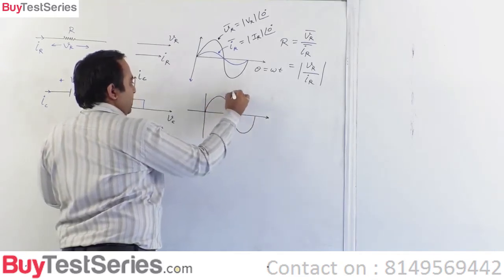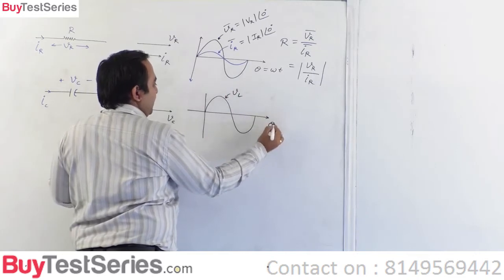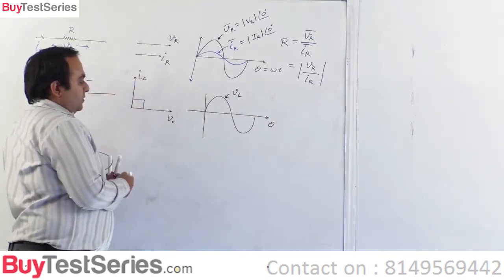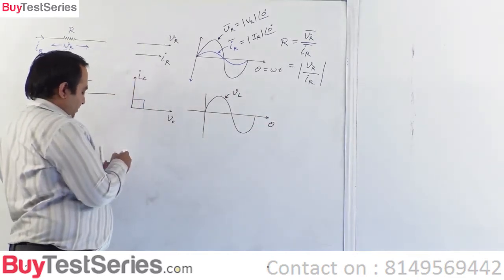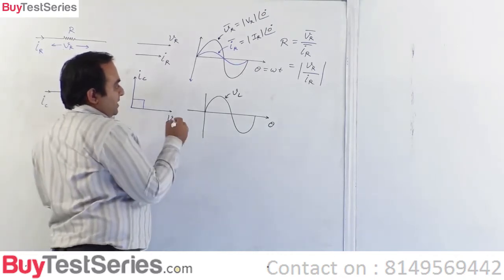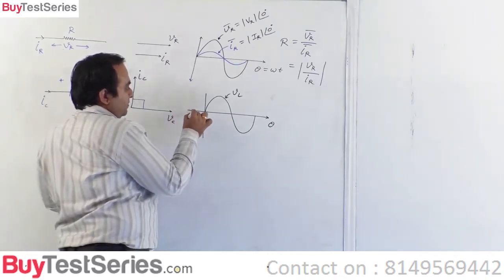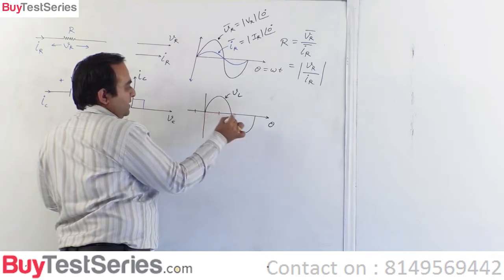This is say VC, this is theta is equal to omega t. So if it has to lead, it should lead by 90 degrees.